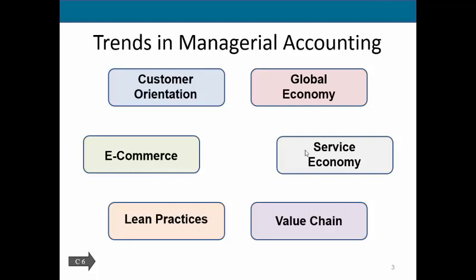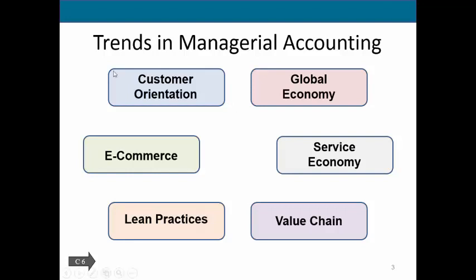So when we talk about certain trends in managerial accounting, most of those trends are related to the fact that our environment is becoming more globalized and therefore more competitive. So these are different things that U.S. companies are looking at in order to help remain competitive.